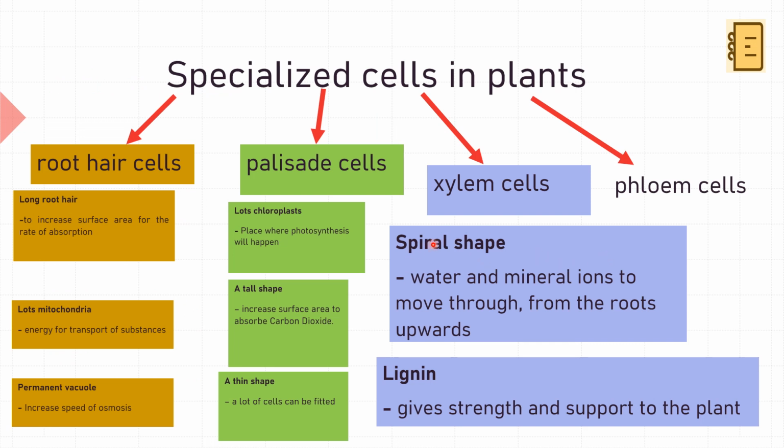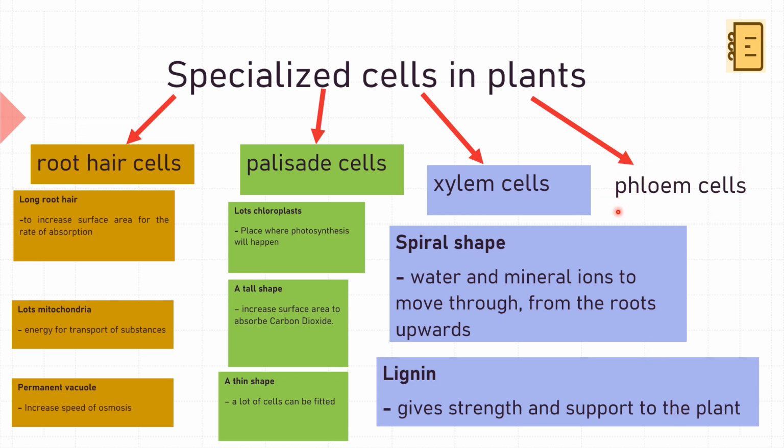So, to summarize xylem cells one more time: the function is to transport water and minerals from roots to the other parts of the plant. They need to have this spiral shape, because water and mineral ions move through from the roots upwards. And they need to have lignin, which gives them strength and support to the plant.